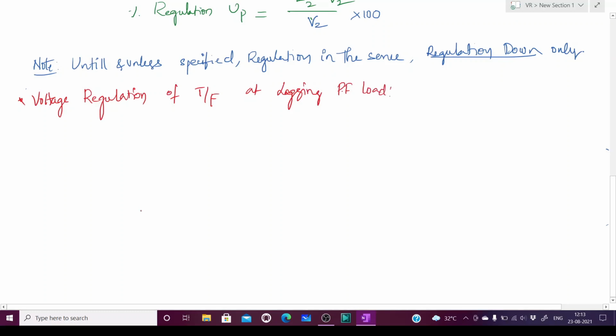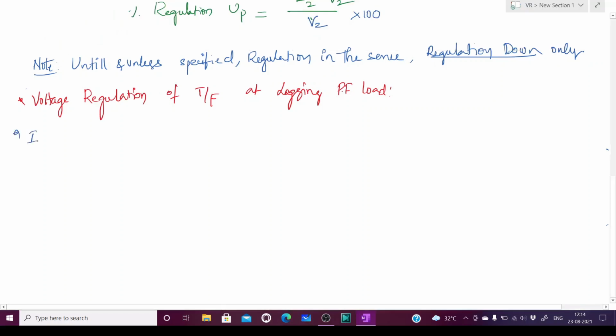Okay, so what is lagging power factor? That means the terminal voltage V2 and terminal current, that is load current I2, will have a phase angle. So I2 will lag the voltage V2 by some angle phi.